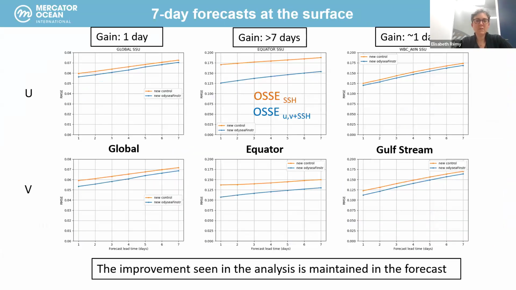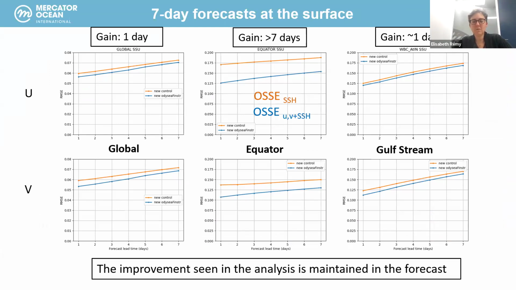So if we now look at whether those improvements that we've seen before in the analysis are retained in the forecast. Here it's time series over our 7-day forecast of the run means the error we have compared to the nature run, depending on the two OSSEs.